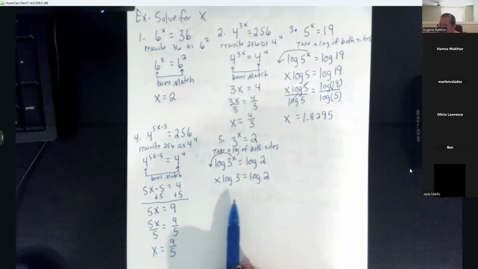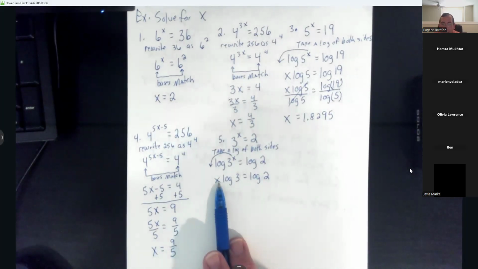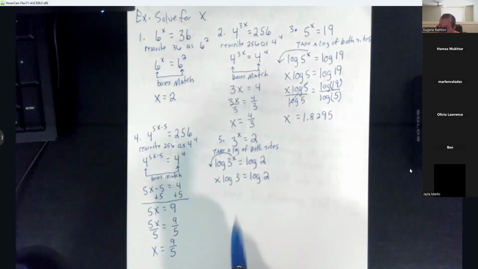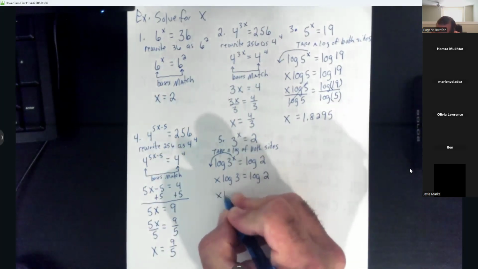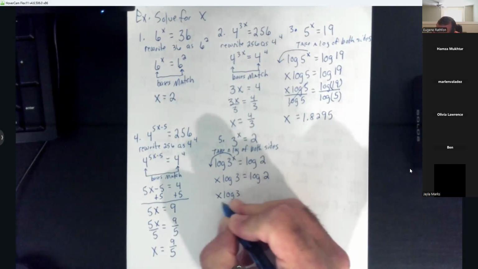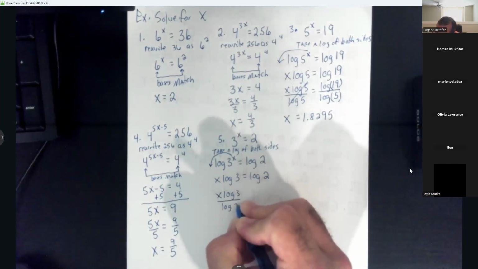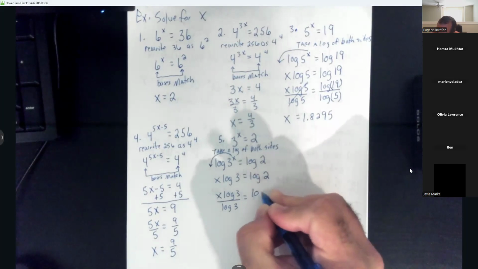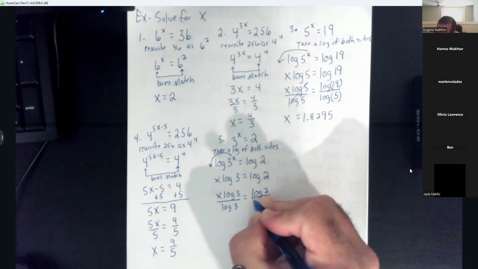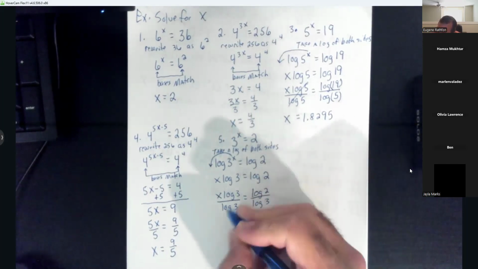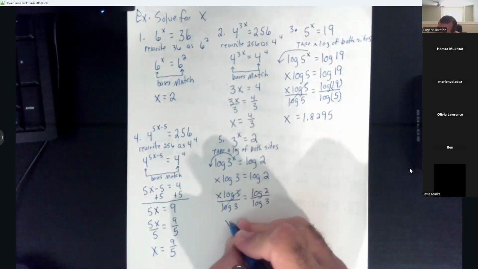Alrighty. So now I want to isolate my x. I'm going to divide both sides by log 3. You know, them logs cancel, giving me a 1x.